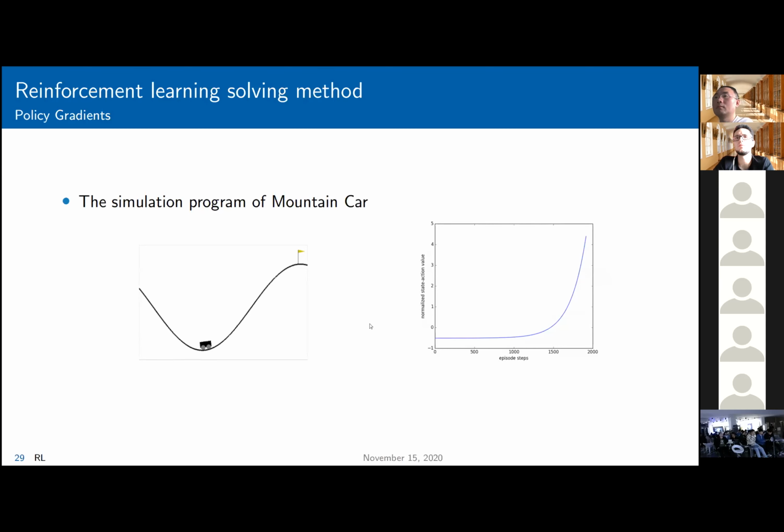Can you repeat? What is the action? What do we control? What's the action? It is just trying to climb the mountain. How? I don't know what is the thing that we control.